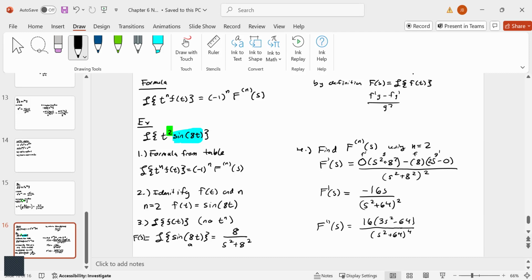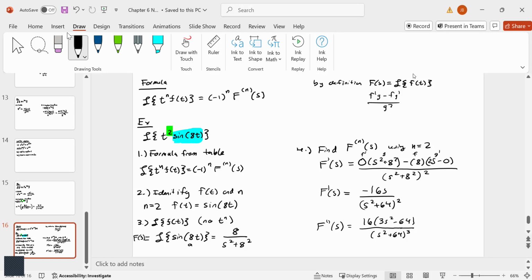Oh, I see what they did. I think they simplified it actually. Well, it's going to be cubed, because of simplification through cancellation of an s squared plus 64 on both terms. So that's the second derivative. If you need to work it out, I recommend you work it out to convince yourself that's the answer.